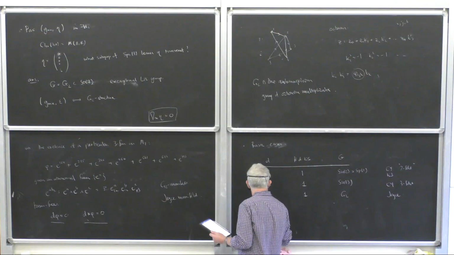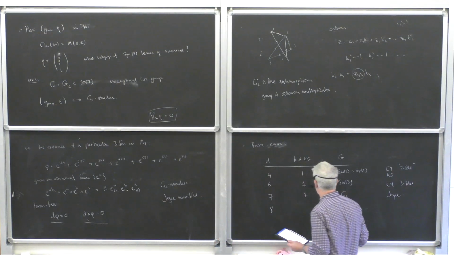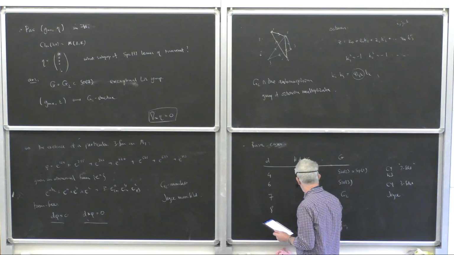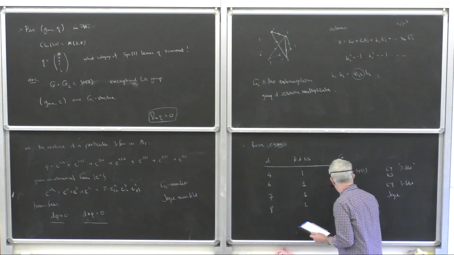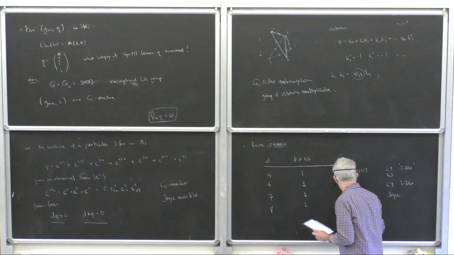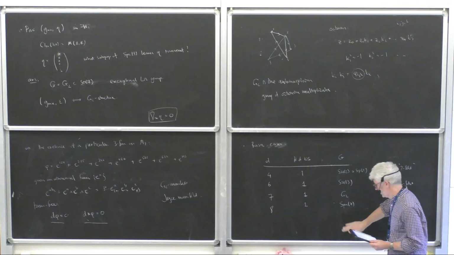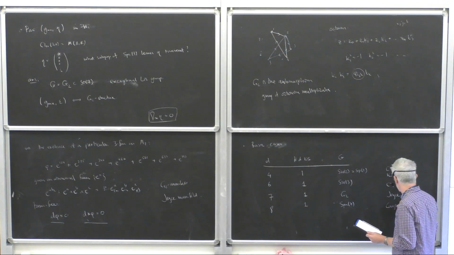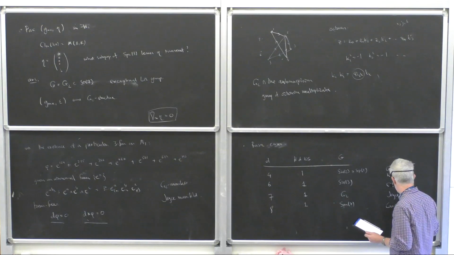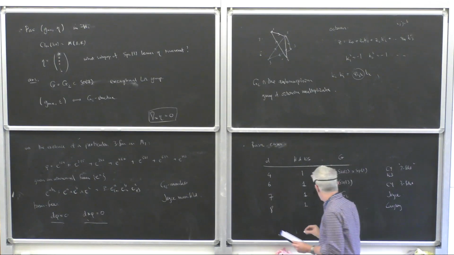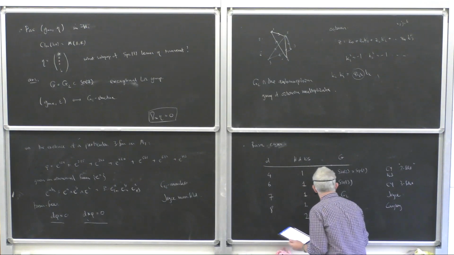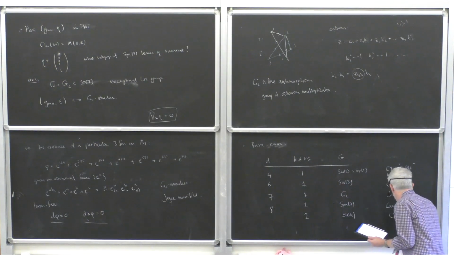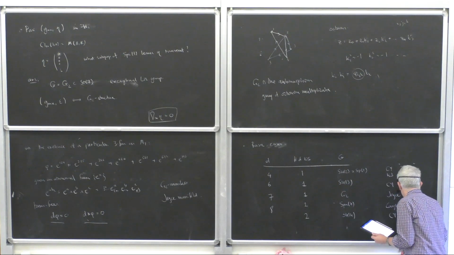I can go to 8, and now I have a number of different options. So I can have 1. That actually gives something with a Spin7 subgroup inside Spin8. That's sometimes called a Cayley manifold. I can have 2 solutions. That gives me SU4, and that's a Calabi-Yau fourfold.